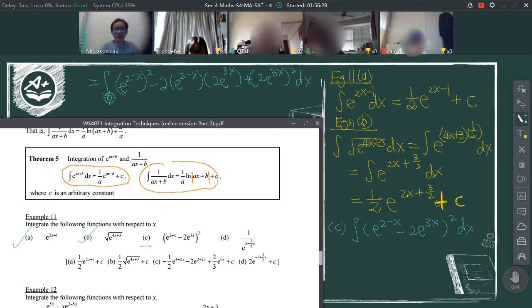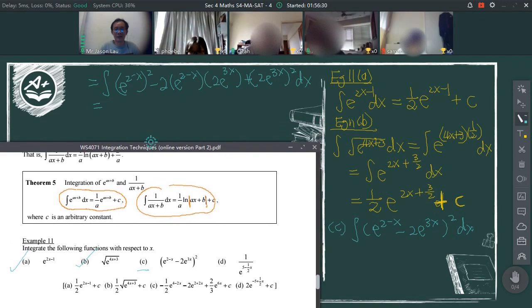Then take care of your indices. If you cannot do this sort of problem like expanding and so on, then it is your earlier problem, those indices problem. So here you just multiply powers. If it's power to power, you just multiply.